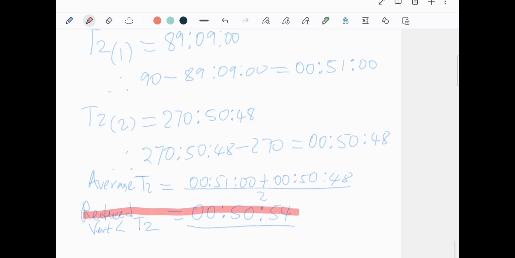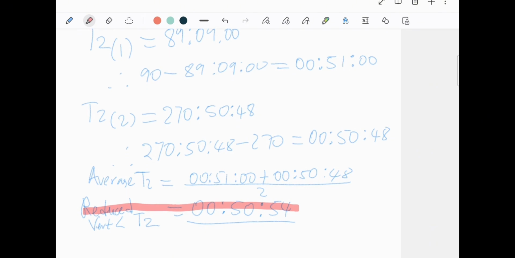So now what do we have? We have our vertical angles. Remember, you can't find your dy and your dx without having your HD. So we are forced to find our HD first before we can find our dy, dx.